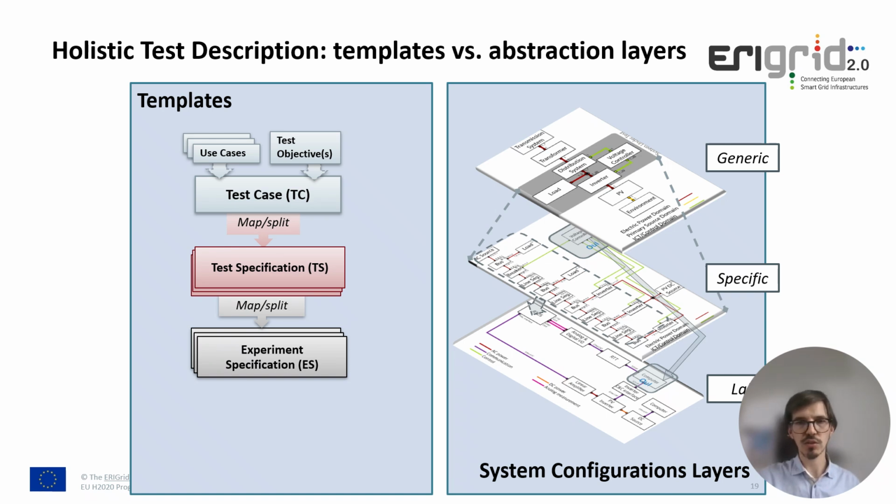In this illustration on the right, we see the gray bar in the top being the system under test as a scope, being mapped to a distribution network and some controllers in the specific test system configuration.